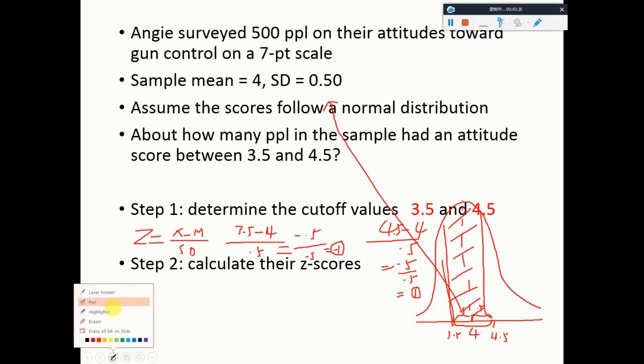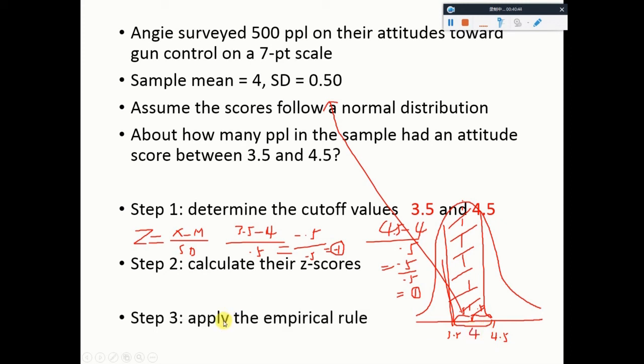So the last step, once we figure out the number of standard deviations these values are around the mean, is to apply the empirical rule. The first statement of the empirical rule says about 68% of values will fall within one standard deviation around the mean. We know from calculation that 3.5 and 4.5 are exactly one standard deviation around the mean.